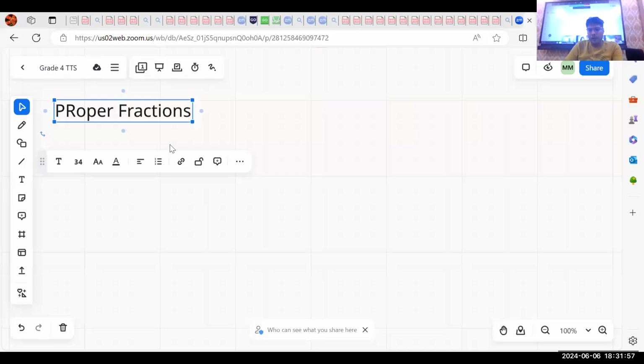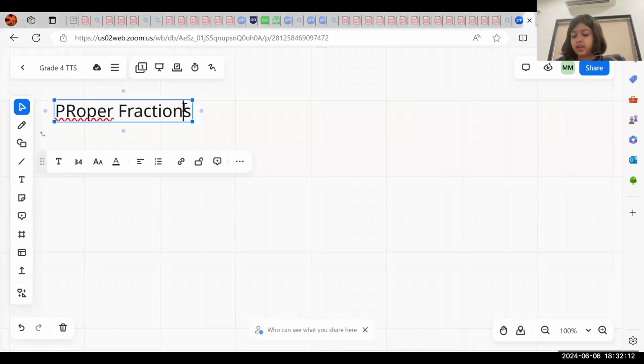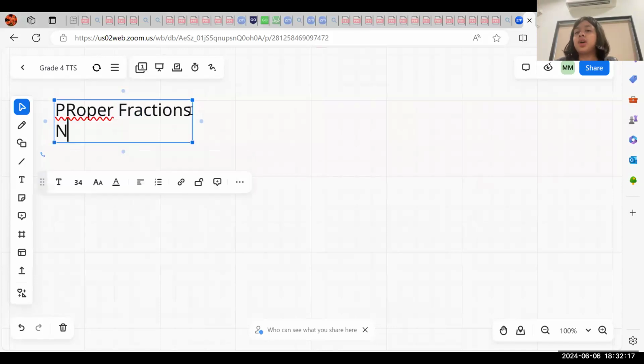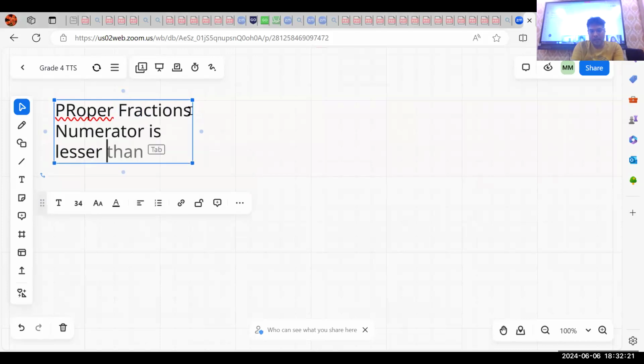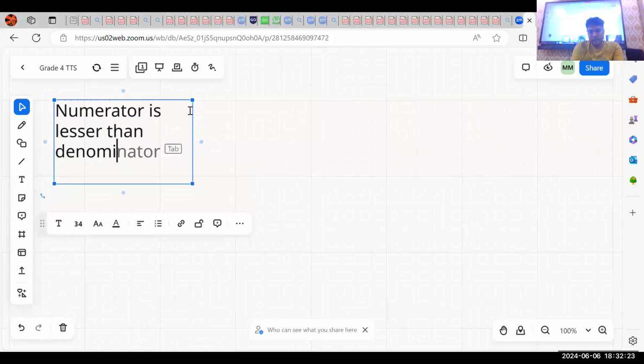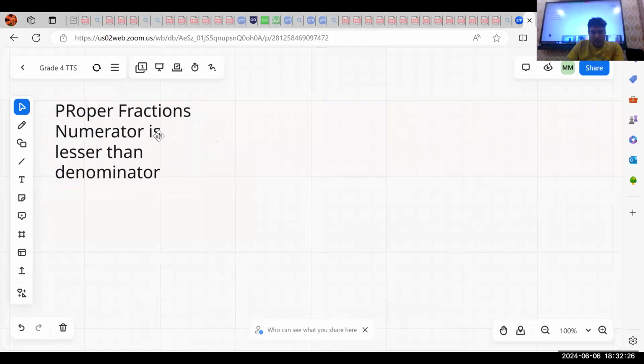Just raise your hand. Diksha, please tell. Proper fractions are fractions in which the numerator is smaller than the denominator. Numerator is lesser than denominator. So please note it down.